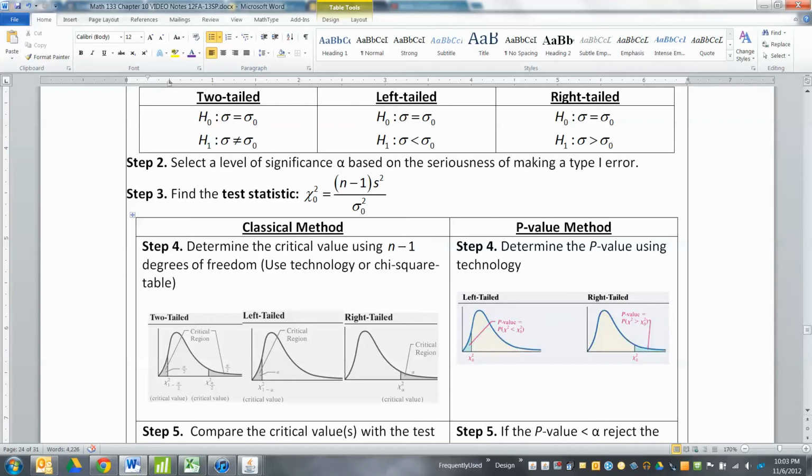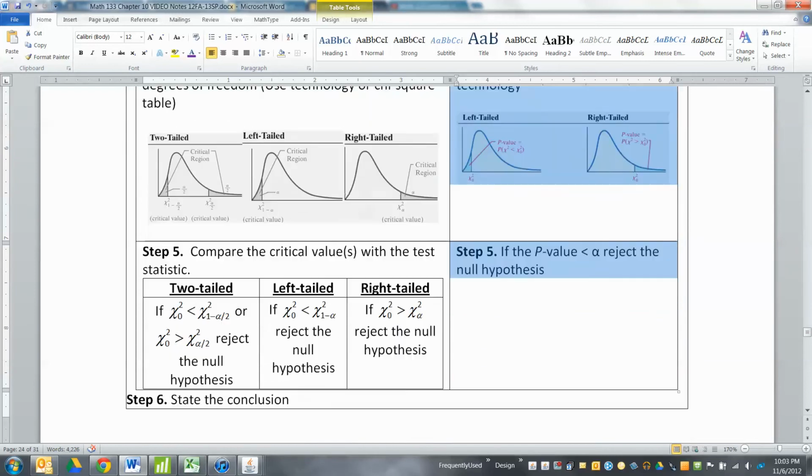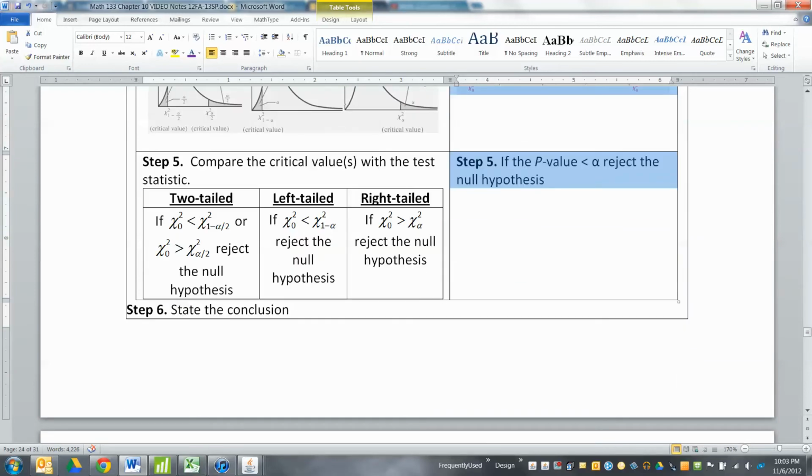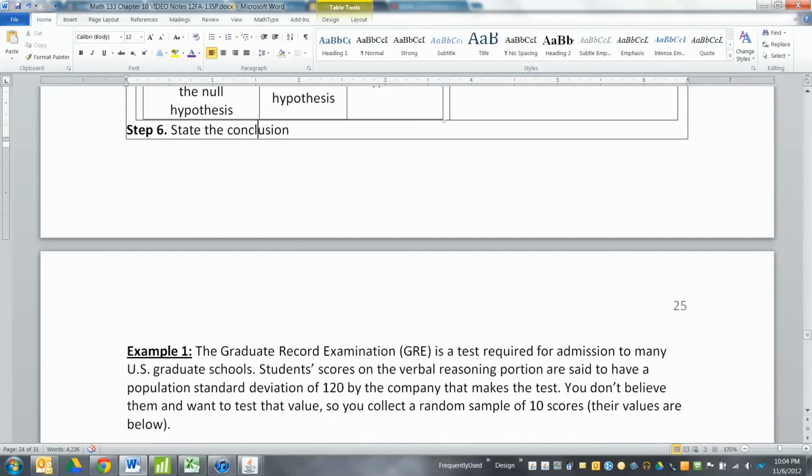For the confidence interval for standard deviation, you're going to need the chi-square table or technology to find those critical values. Critical values are always the hardest to find. The p-value method's the easiest because that's the one that StatCrunch does with no problem, or a calculator. Down here we've got to make our decisions. Again, the classical method's more difficult, and we state our conclusion.